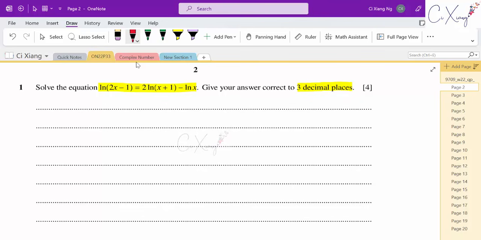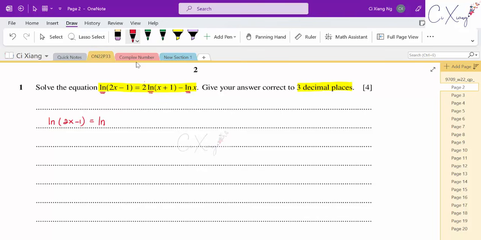Alright, so let's start. For our equation here, basically we have all the terms with ln. Before I can cancel off the ln, I need to combine all of them together first, so that each side only has one ln.